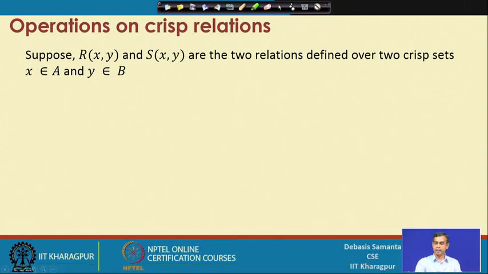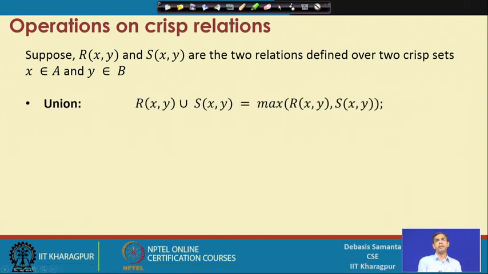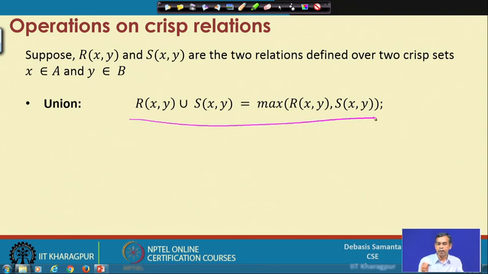So, if the two relation matrices are available to us, then we can apply many operations on them. The operations that can be applied are union, intersection, complement, like this. Now, you can find the difference between the union of two fuzzy sets and the union of two fuzzy relations. The union operation of two fuzzy sets is expressed in this form.